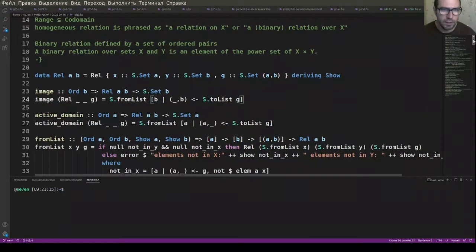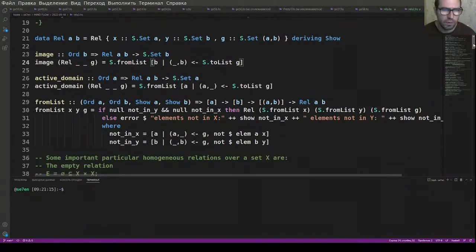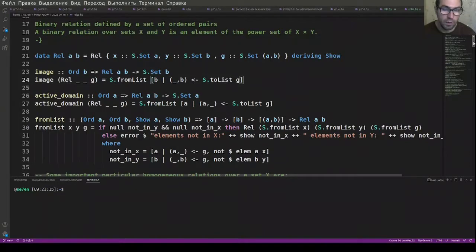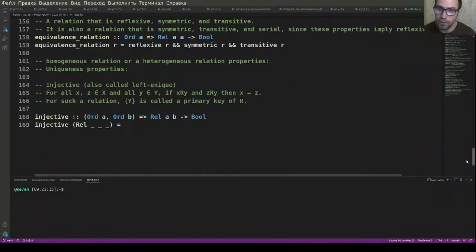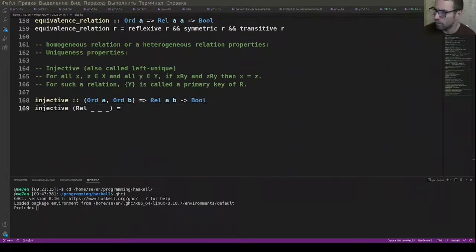to get this set of the second elements, actually the image. Okay, I can't use a list comprehension, but I can use the map function. Let's look at this. We have this Set module, and it has a map function, so we can map the set.